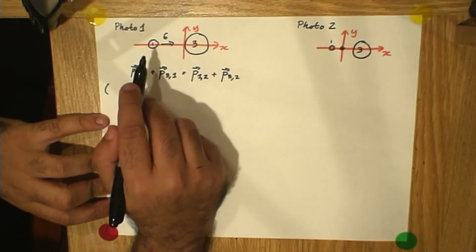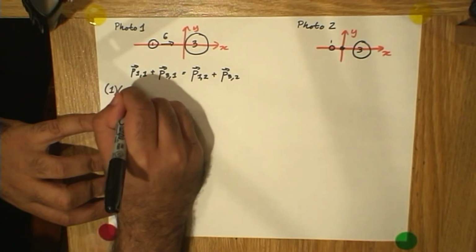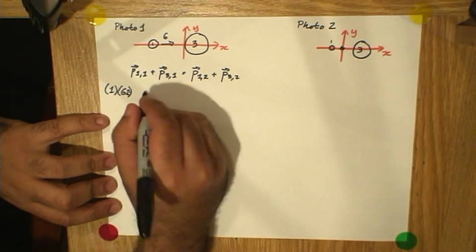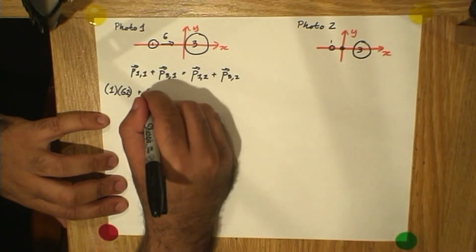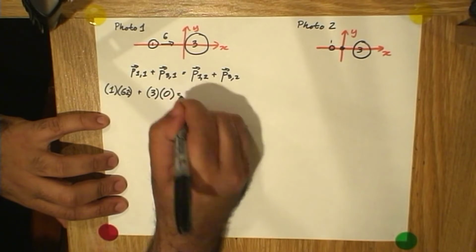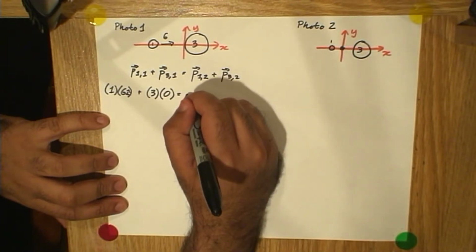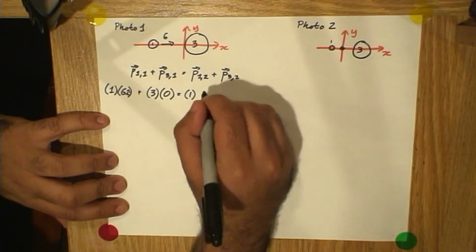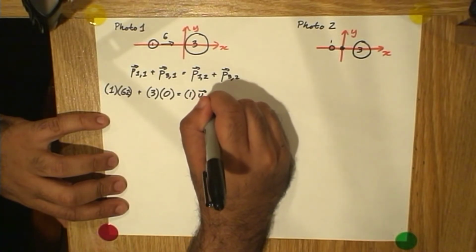The 1 kilogram object in photo 1 has a mass of 1 and a velocity of 6 i hat. Plus, in photo 1, the 3 kilogram object has a mass of 3 and a velocity of 0, which is equal to, in photo 2, the mass of the 1 kilogram object is still 1 kilogram, but its velocity is something new. We don't know what it is.